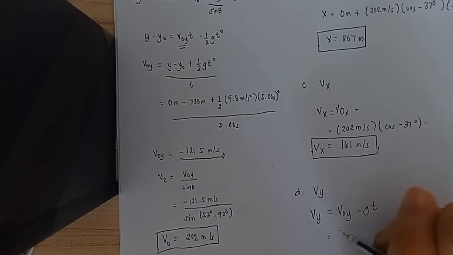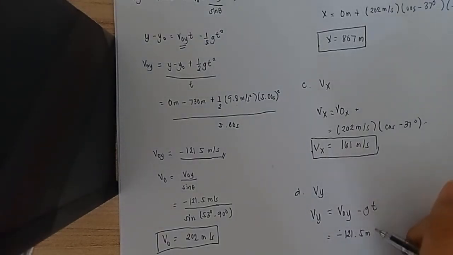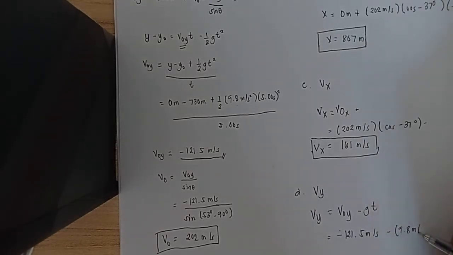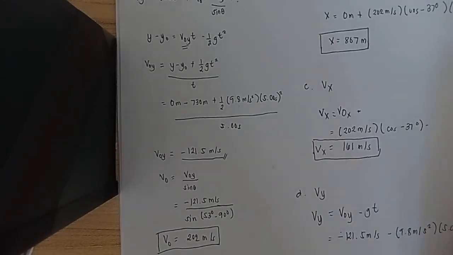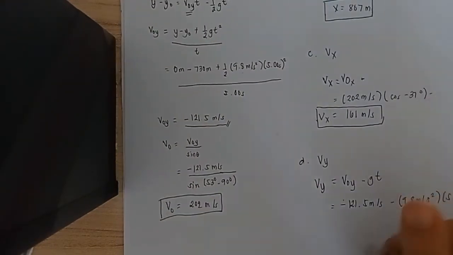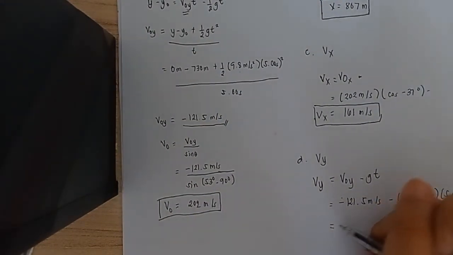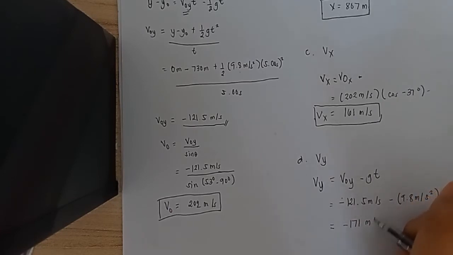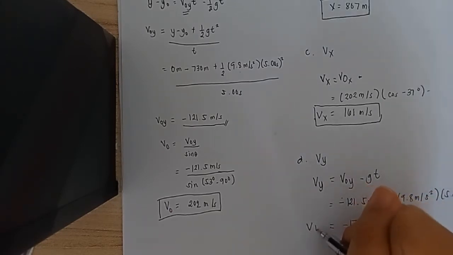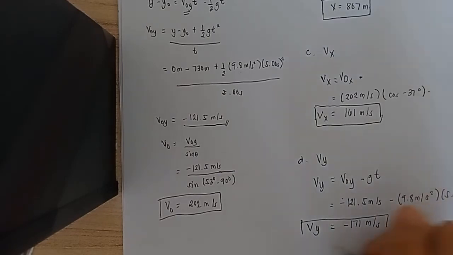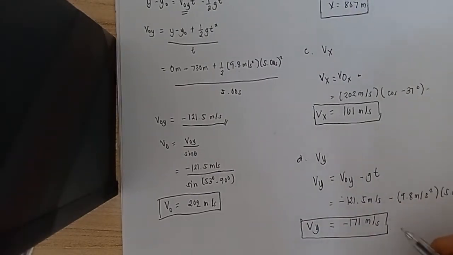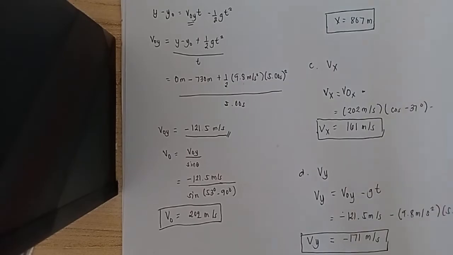We already solved Voy kanina, which is negative 121.5 meter per second, minus 9.8 meter per second squared multiplied by 5 seconds. 5 seconds, hindi lagi nakukuha ng camera. I'm sorry for that. That will be negative 171 meter per second. That will be our vertical component.